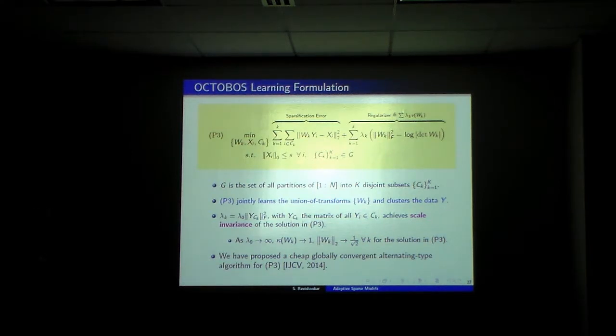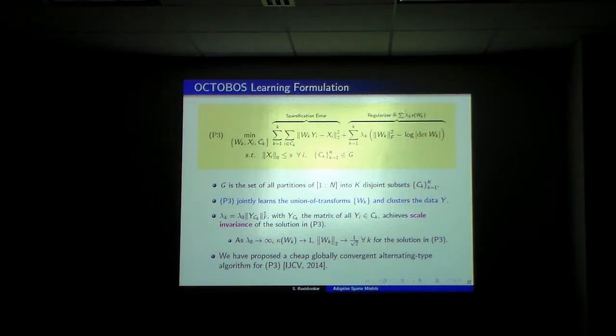So this problem jointly learns a union of transforms and clusters the data y all simultaneously. You have these weights lambda_k, and we set lambda_k to be some constant lambda naught times the energy of the signals in the kth cluster. We do this because it achieves a certain scale invariance.